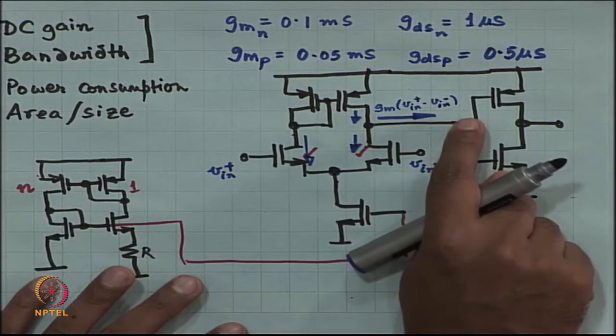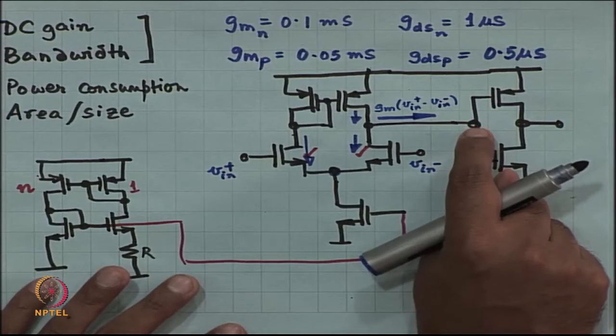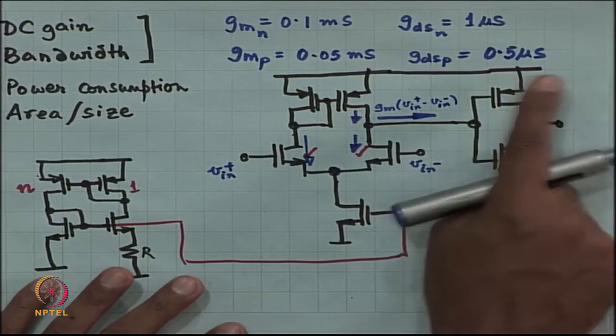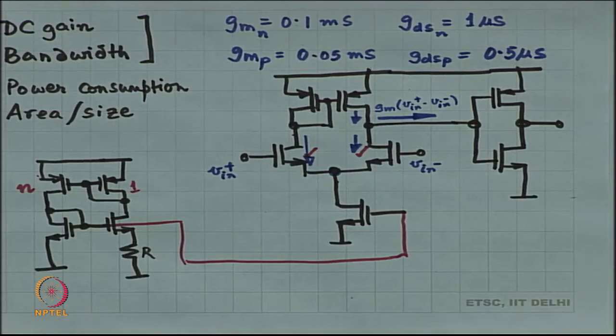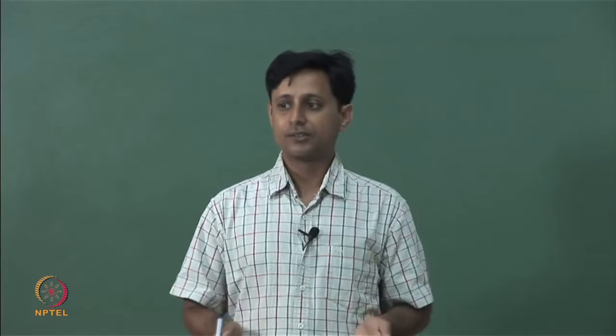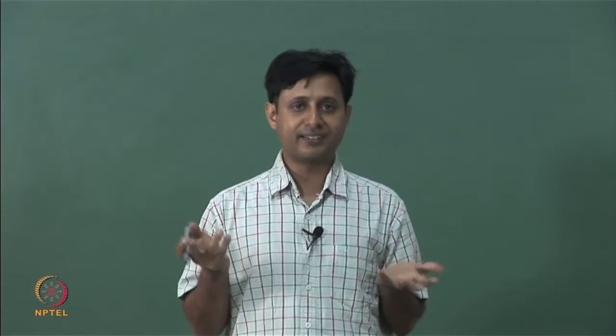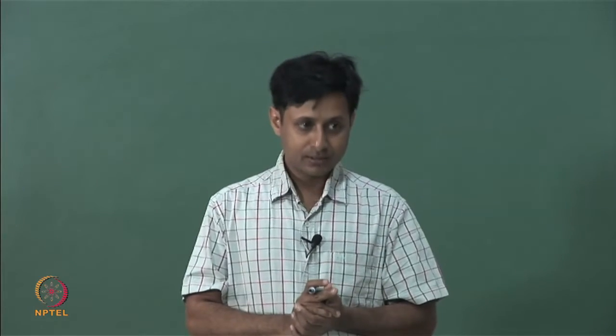But a current can't go into a gate, okay. You are pushing out a current, it is trying to go into two gates, this just does not happen, right. The gates do not draw any current. So, it is going to respond by increasing the voltage over there, right.